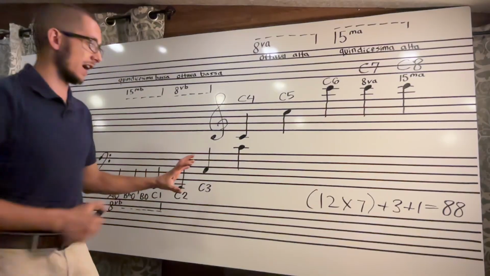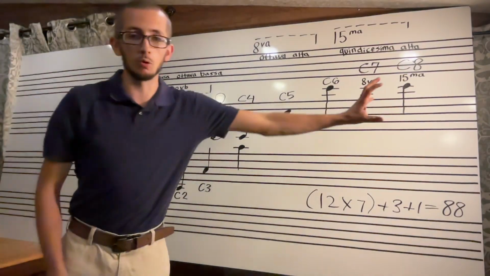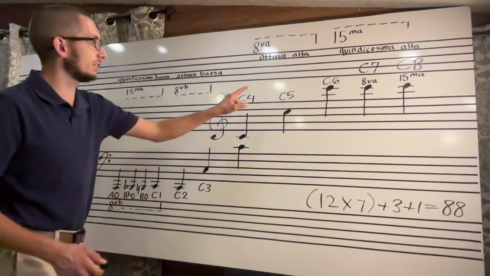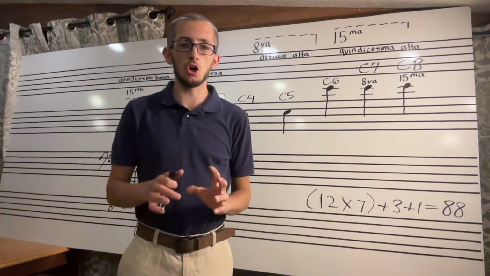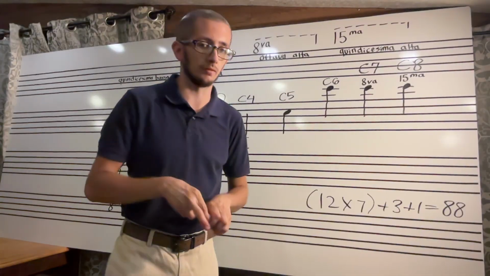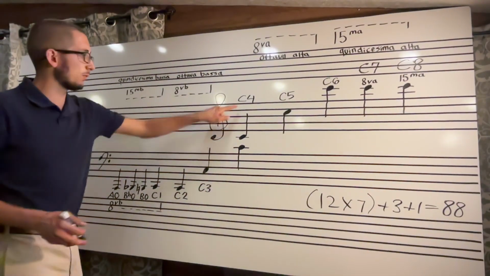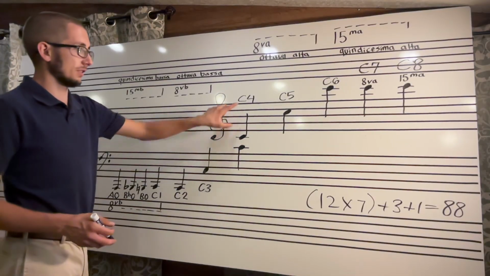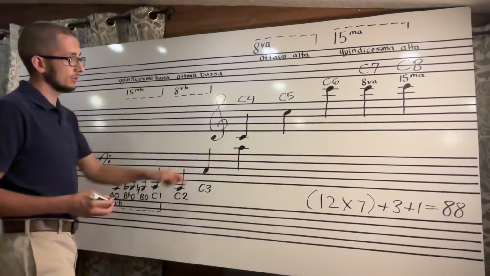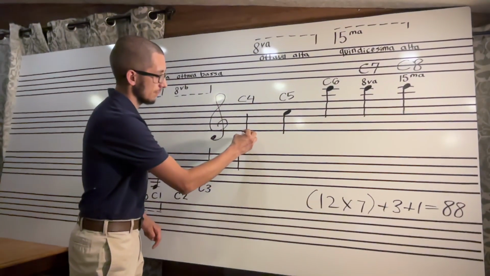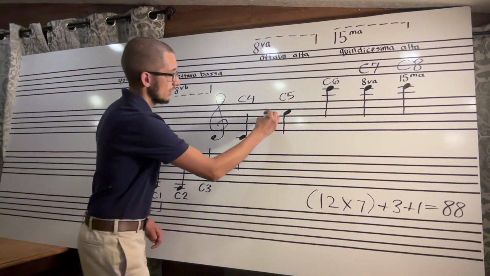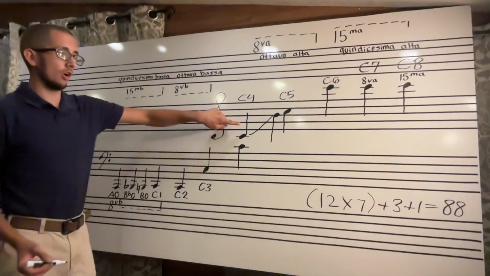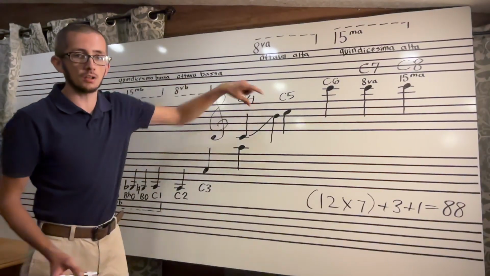Now I want to show you how this diagram works right here. Each C that I have written right here is the start of its own octave. So this right here, C4, is the lowest note in the 4th octave of the piano. Therefore, all the notes that come between this C and this B right here are a part of the 4th octave.